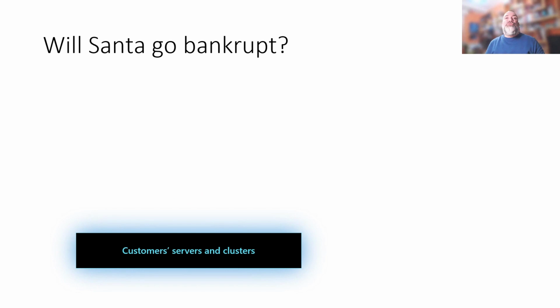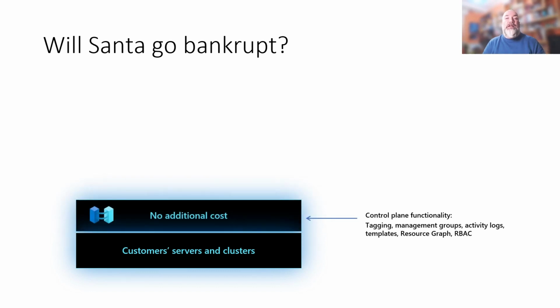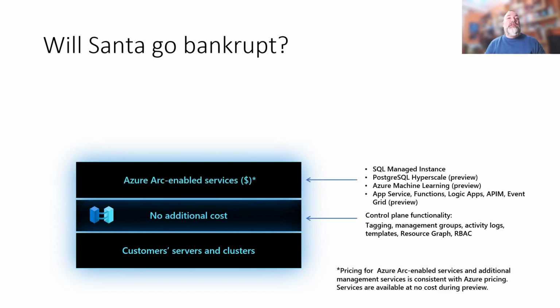We just want to be sure that Santa Claus won't go bankrupt for using Azure Arc. Well, when we onboard a system to Arc, we obtain the control plane functionalities like tagging, RBAC, and so on for free. If we decide to leverage PaaS services like Azure SQL Managed Instances, for example, on our Arc-enabled Kubernetes cluster, we'll have to pay a fee for this kind of services.